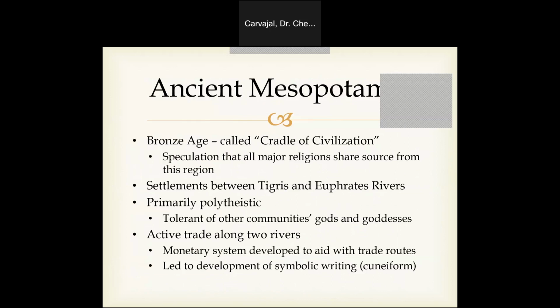But it also created a really amazing trade of goods along these rivers. And that actually helped people share languages, and certainly helped them develop a monetary system. We think that it pretty much developed here.